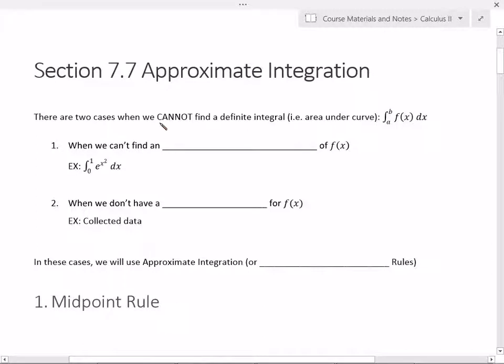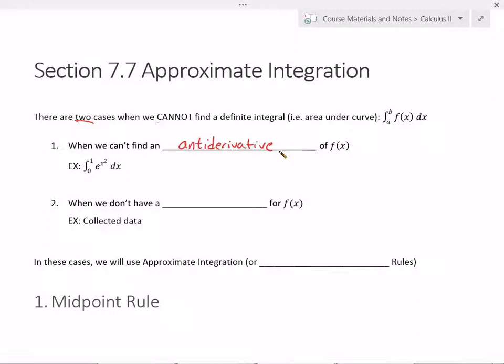But there are two cases when we cannot find the definite integral. We can't find it exactly. We can't find the area under the curve. The first case is when we can't find an antiderivative. And actually, I don't even mean that we aren't good enough at our calculus.